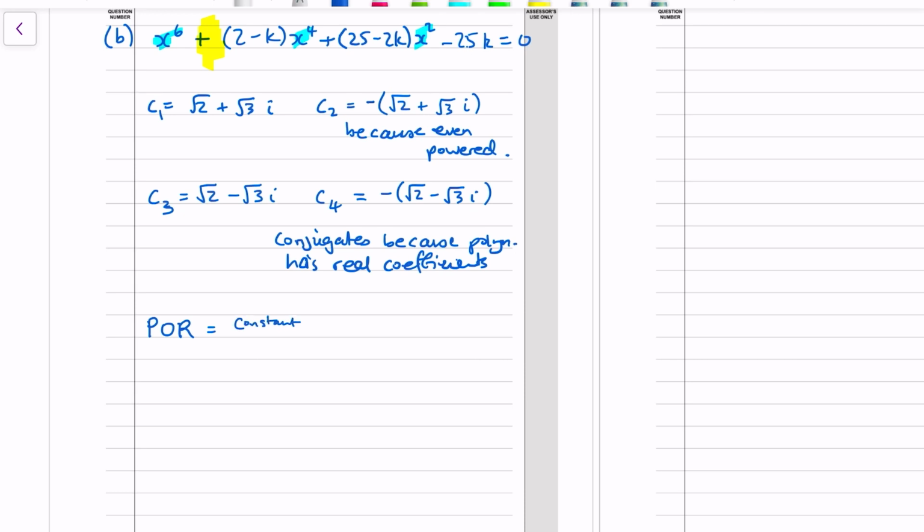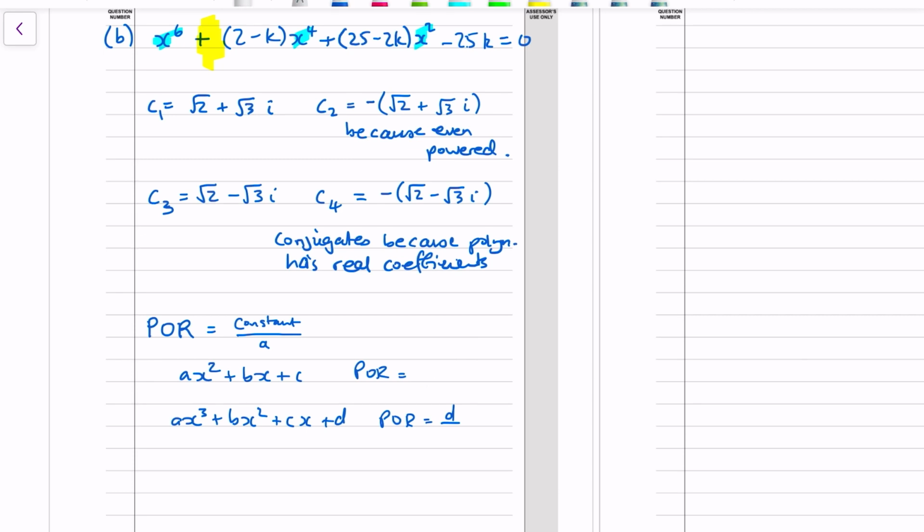Probably F divided by A. For an odd power, it's negative, the last term. So for example, for a quadratic equation, the product of the roots is equal to C over A. For a cubic equation, the product of the roots is equal to minus D over A.